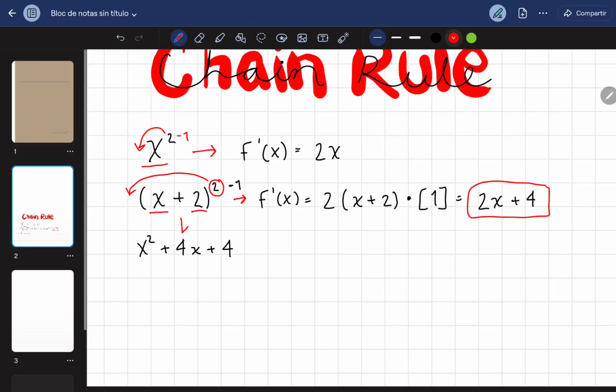If we get the derivative of this in here, we can apply the power rule, right? And now our derivative will be, this goes down, we subtract 1, so we say 2x plus 4, right? So as you can see, we have the same answer as this one, because it is the same binomial.